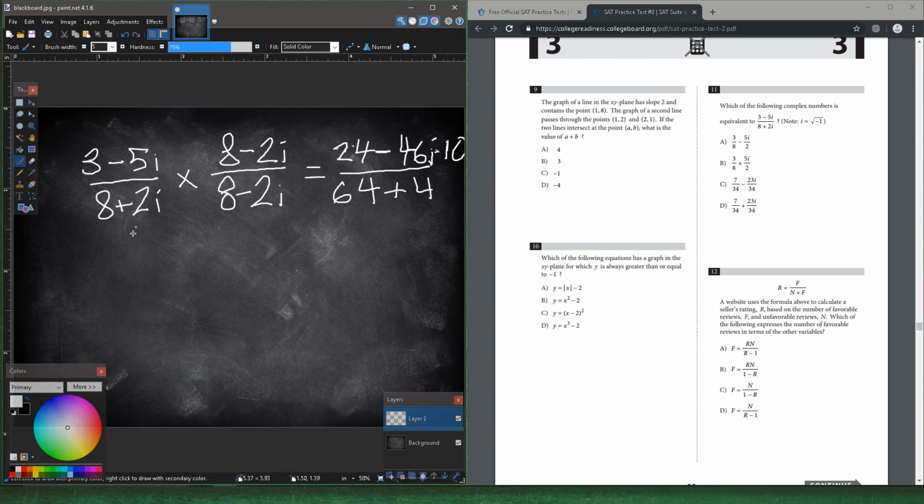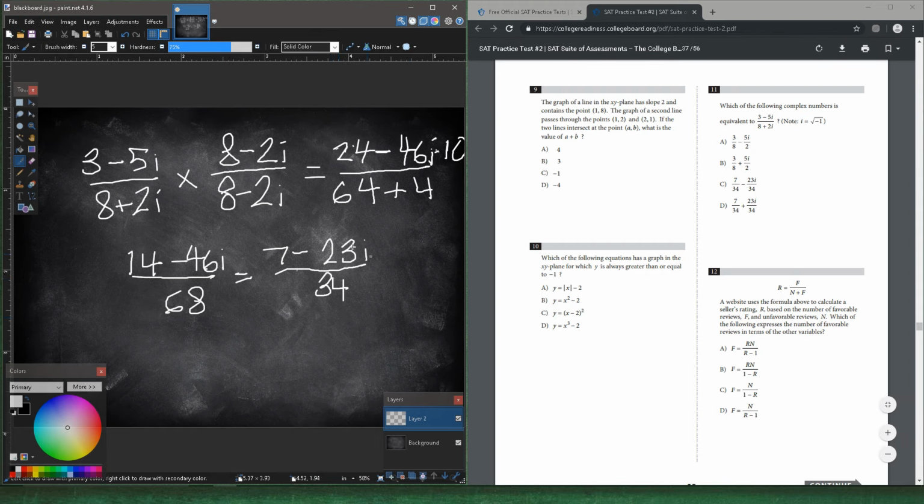So this altogether is 14 minus 46i divided by 68. Since they're all evens, we could divide by 2, so that's 7 minus 23i over 34. So the answer would be C.